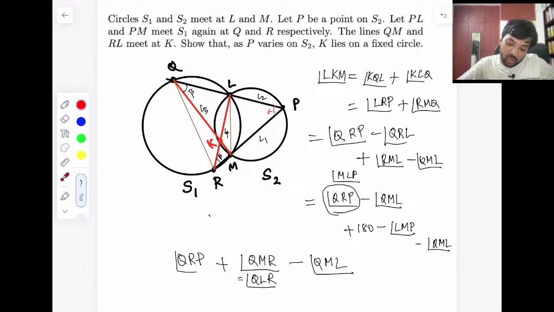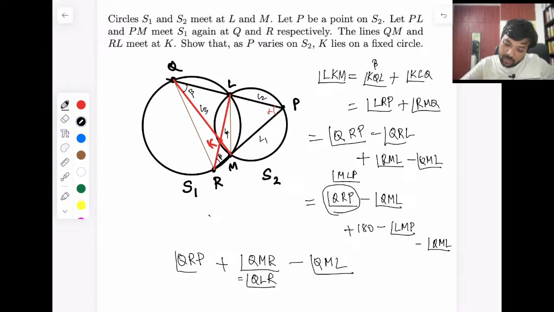So LQM, let's see now. I never thought of writing it in terms of just those two. So, okay. LKM is KQL. Let's revisit. KQL, which is beta, fixed, plus KLQ, and KLQ is the same as RMQ.